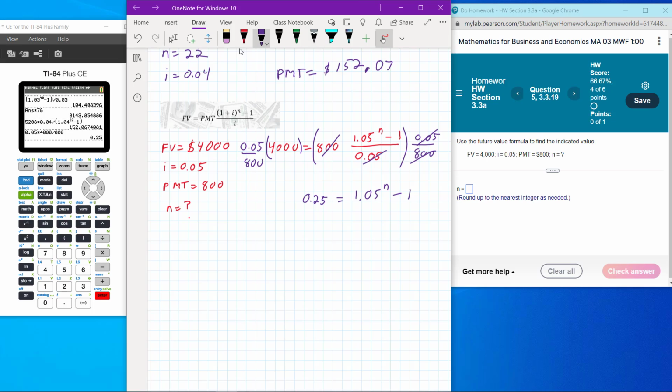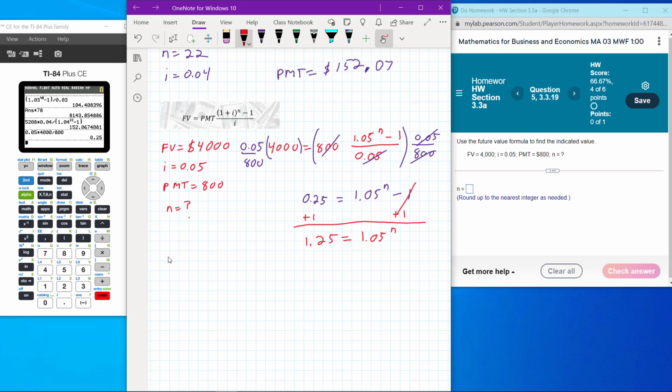0.25. Now I can add 1 to both sides of the equation. And then when I add vertically, these cancel. I have 1.25, and that is going to be equal to 1.05 raised to the nth power. And now I can take the common log of both sides.